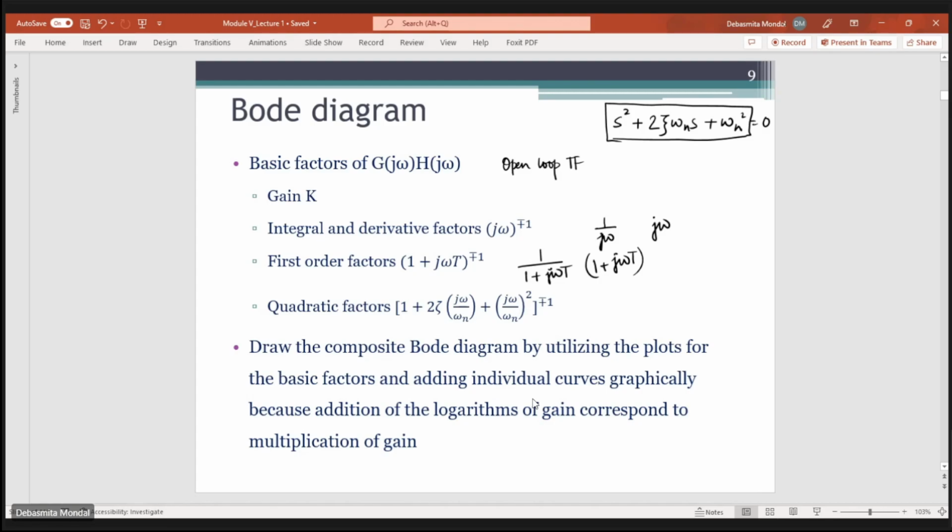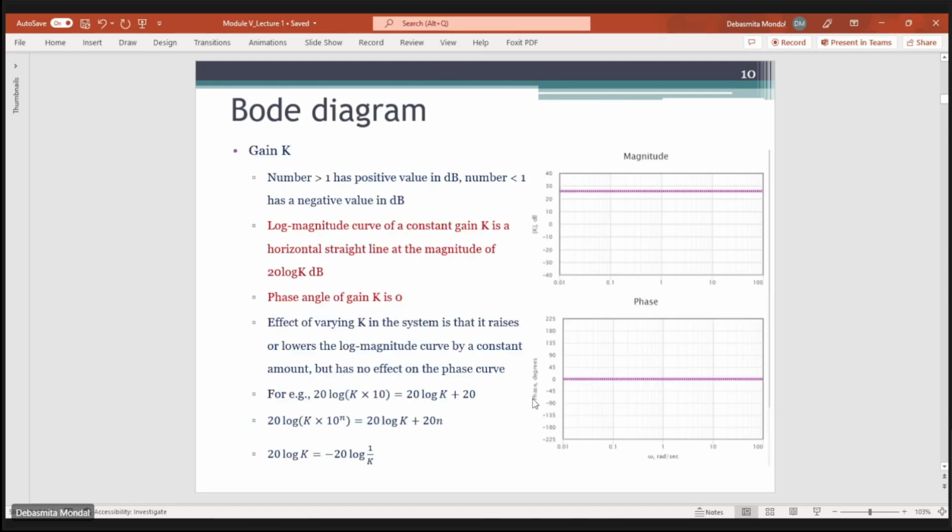We finally add the individual graphs graphically, because the addition of logarithms of gains corresponds to the multiplication of gains.